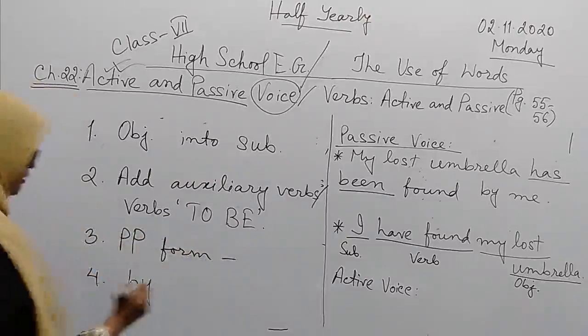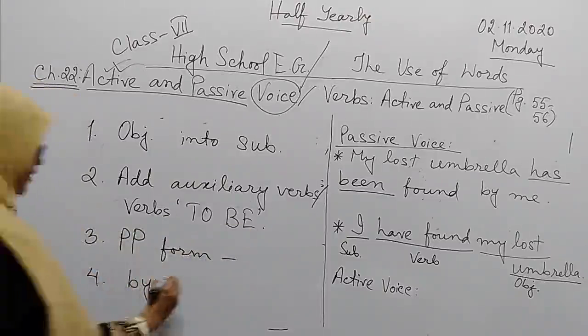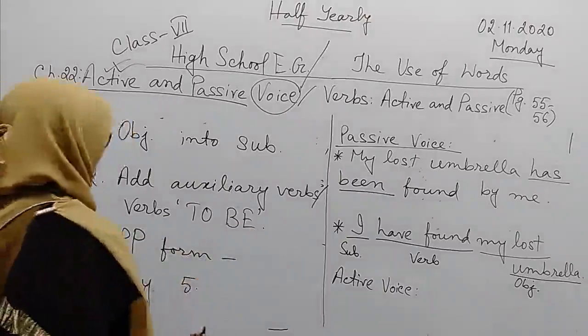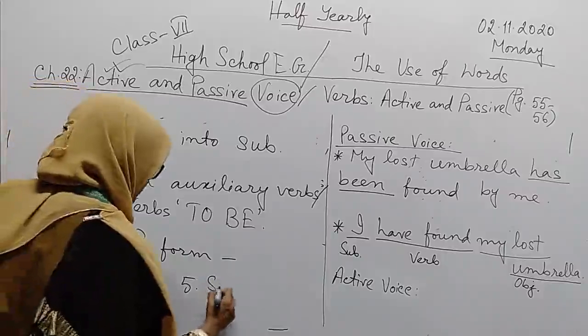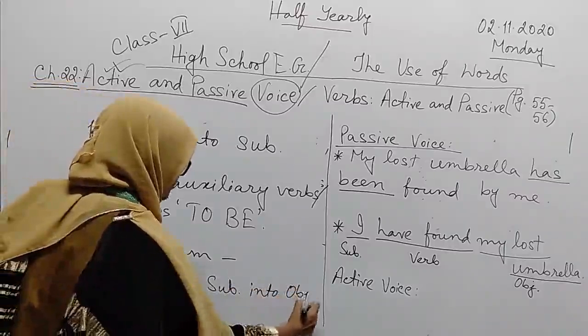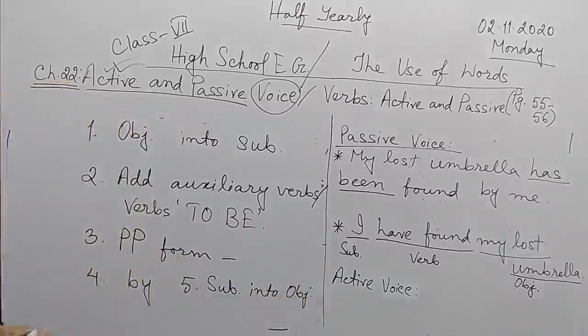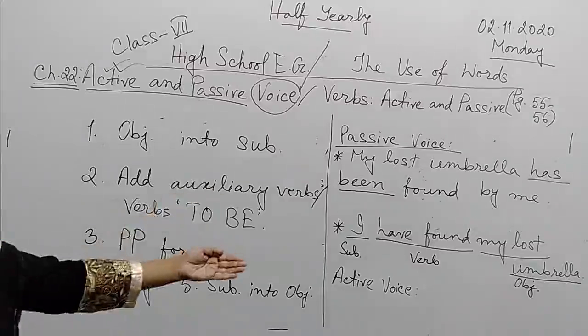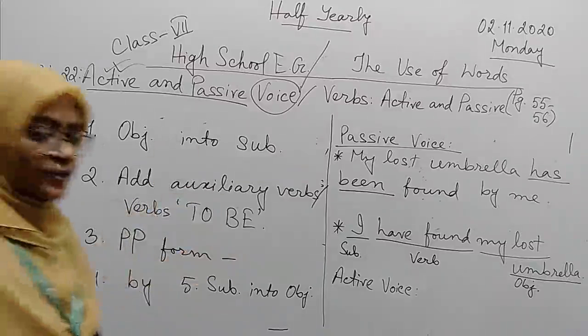Then we add by, and finally we change the subject into the object. So that is the basic thing. These are the basic steps which we follow while turning an active voice into passive.